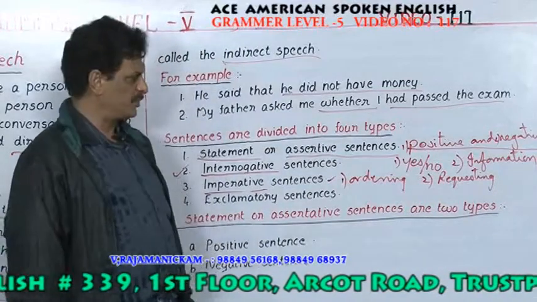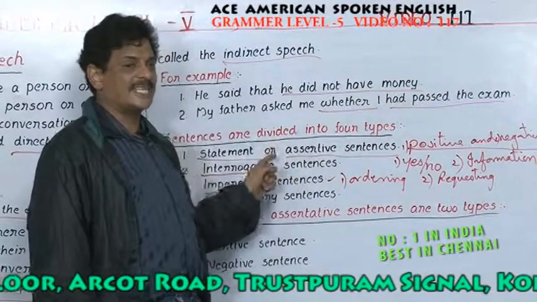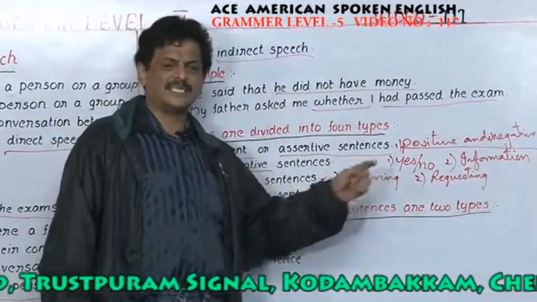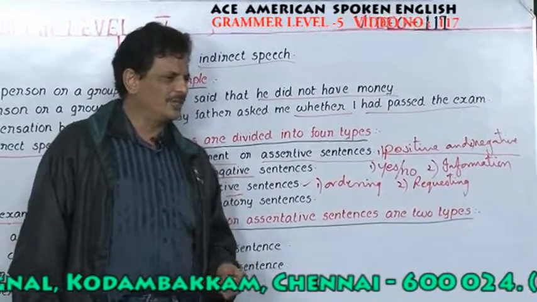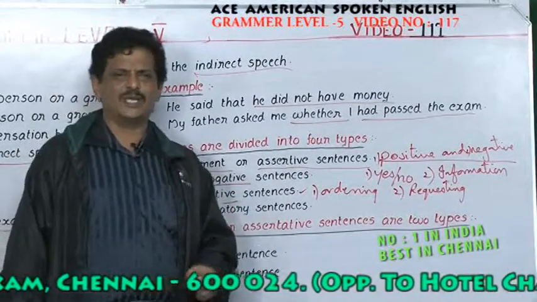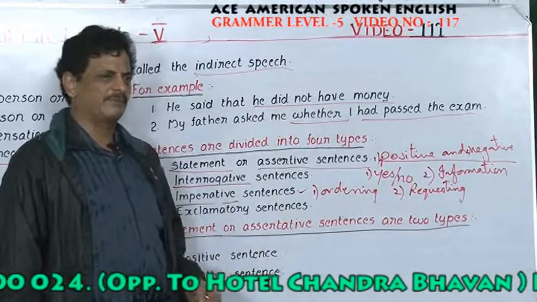Able to understand? So from morning to night, these are the sentences you hear, my dear friend. One is statement, which may be positive or negative. Next is questioning, yes or no, and information. The third is ordering, where the sentence starts with the present tense, or requesting: please give me.